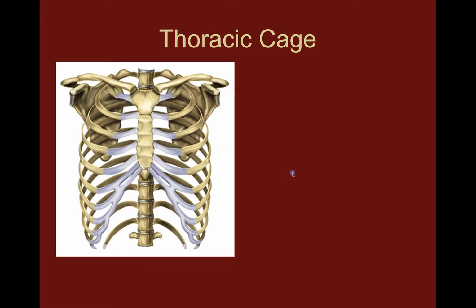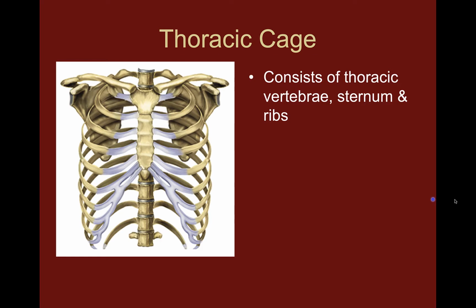All right, so moving into our ribs and our thoracic cage here. We're making the long push here. We're almost done, but we do want to address these parts of our axial skeleton. Now, the thoracic cage consists of our thoracic vertebra, which you can't really see here.